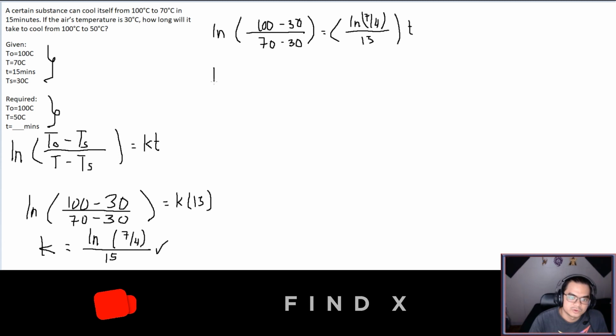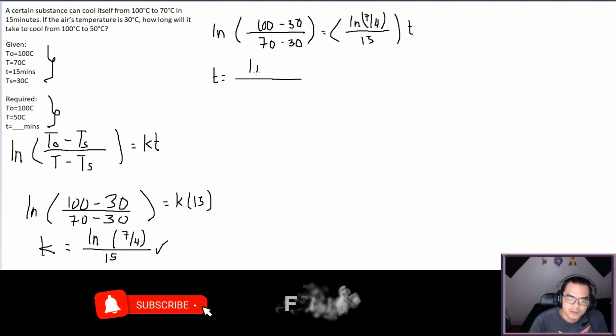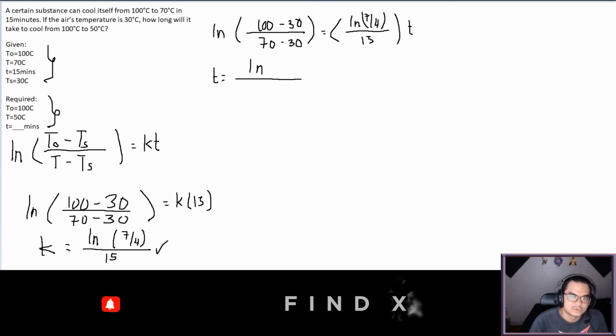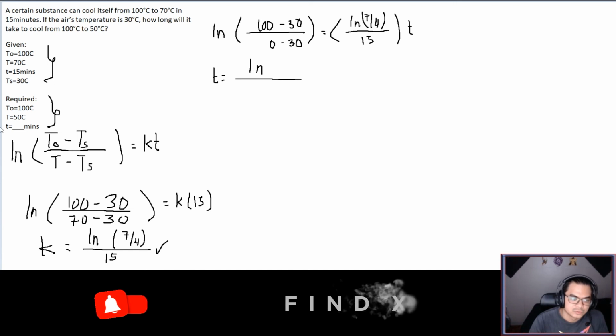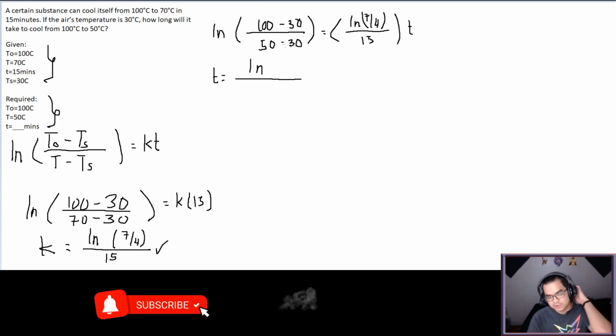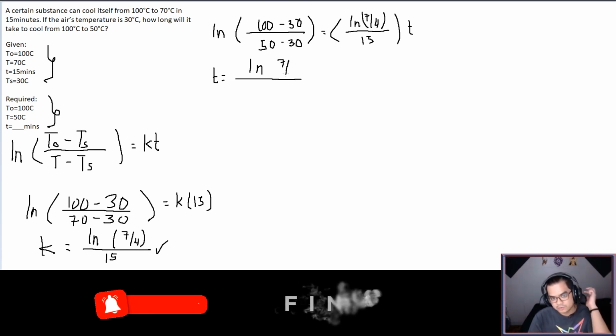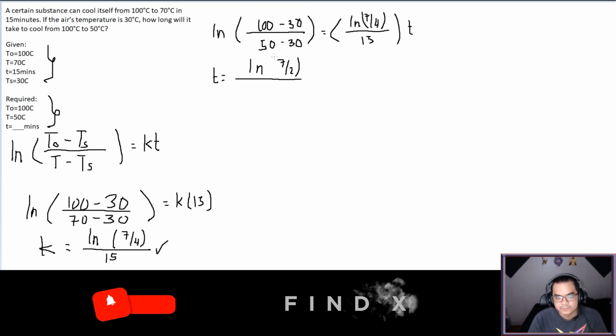So t is simply equal to ln... I think this is not 70, right? No, this is not supposed to be 70. Sorry about that. This must be 50, because we're using the second condition now. So this will become 70 over 20, so this is 7 over 2. Sorry about that.